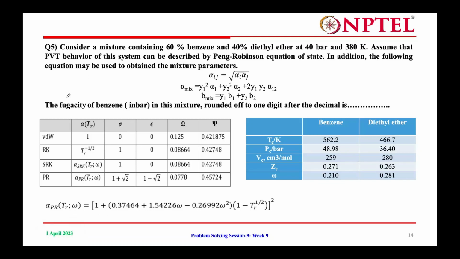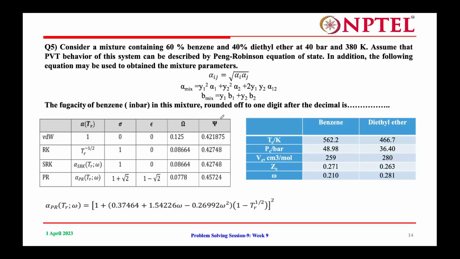So question number 5. Consider a mixture containing 60% benzene and 40% diethyl ether at 40 bar and 380 Kelvin. Assume that the PVT behavior of the system can be described by the Peng-Robinson equation of state. In addition, the following equation may be used to obtain the mixture parameter. So I have to calculate the fugacity of benzene in these mixtures.